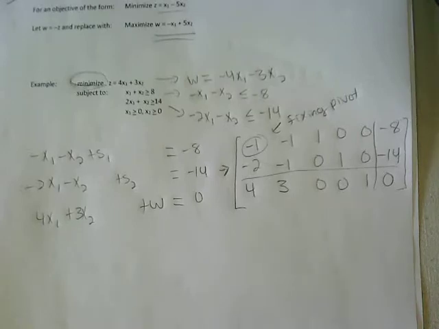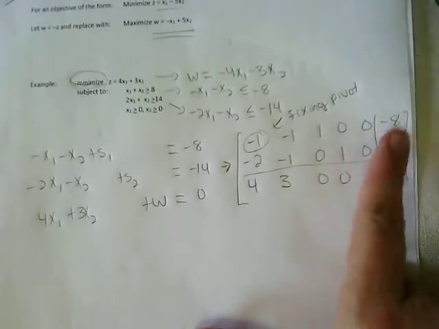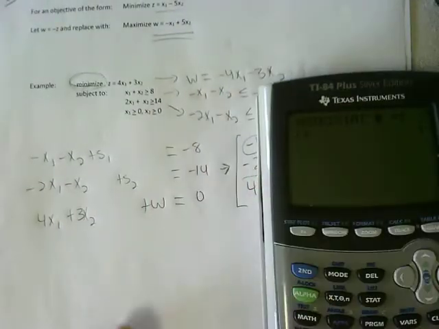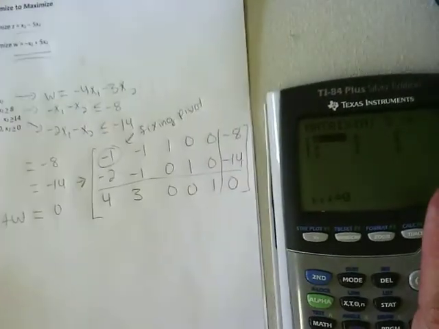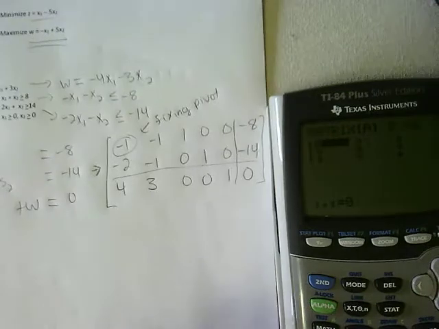I am going to go into my matrix, and I'm just cleaning things up for you guys right now. I've got a 3 by 6 this time. Whenever I put this matrix into my calculator, we have negative 1, negative 1, 1, 0, 0, negative 8; negative 2, negative 1, 0, 1, 0, negative 14; and 4, 3, 0, 0, 1, 0.